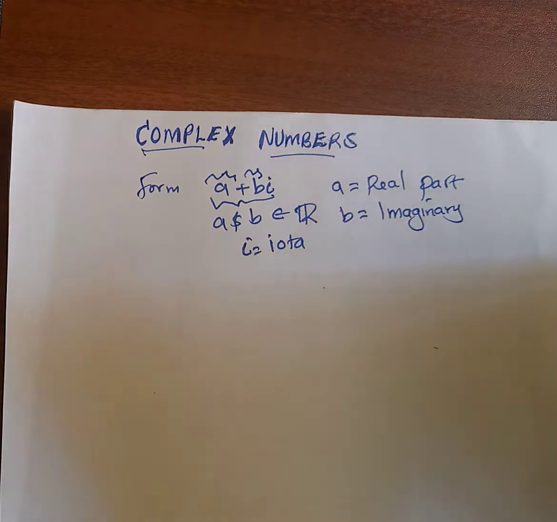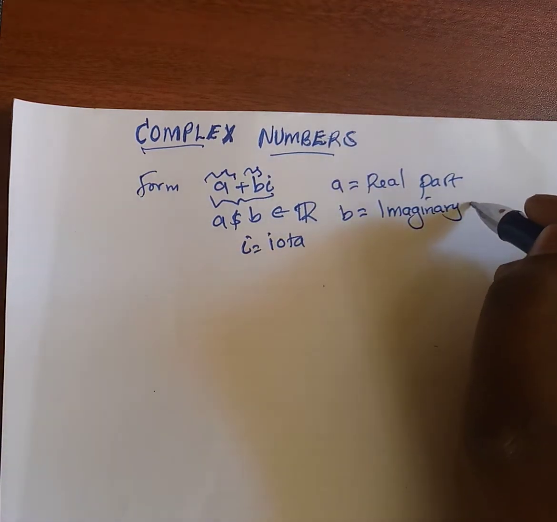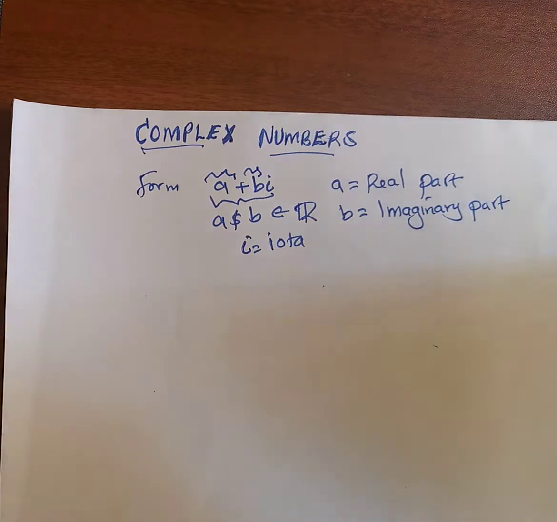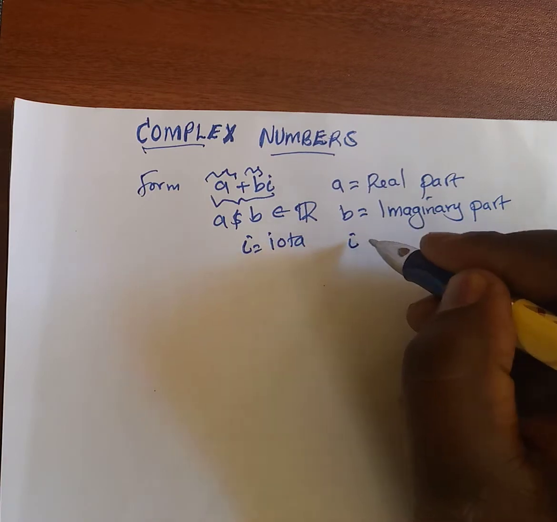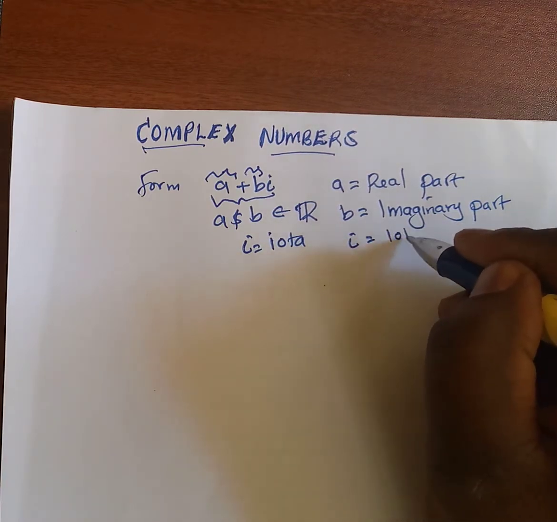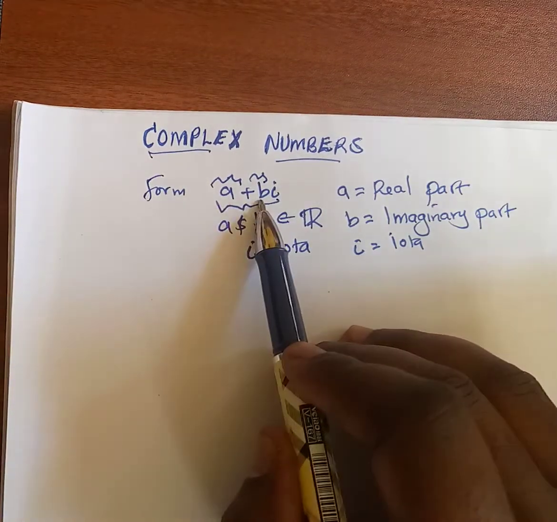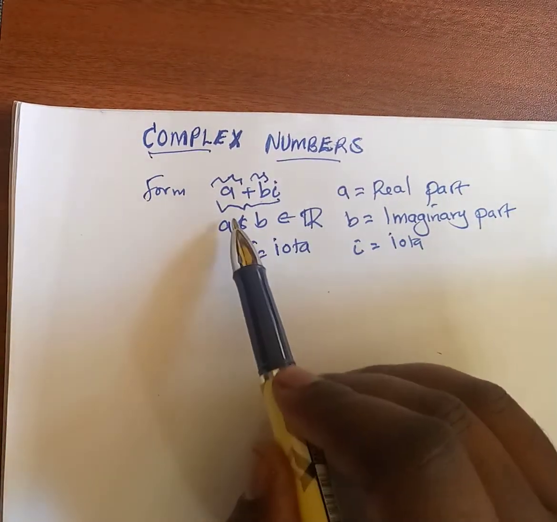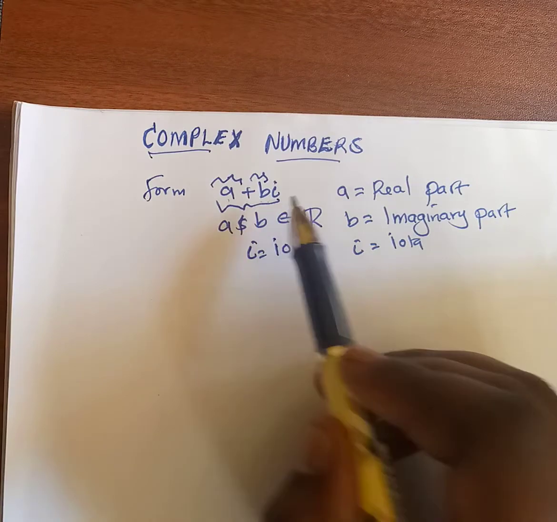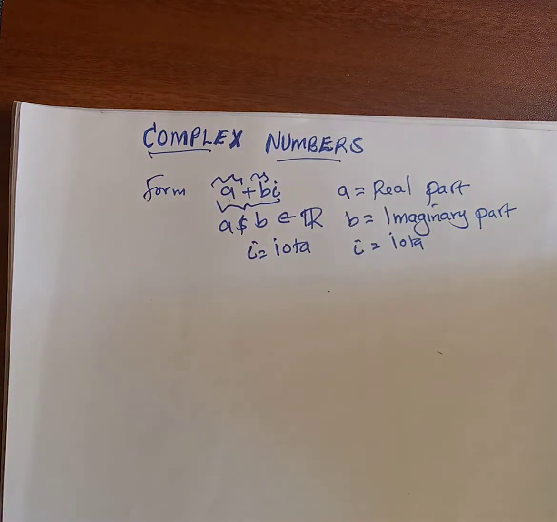And then of course we have I, which I've called iota. And therefore, complex numbers will be in the form of A plus BI. That is a complex number.